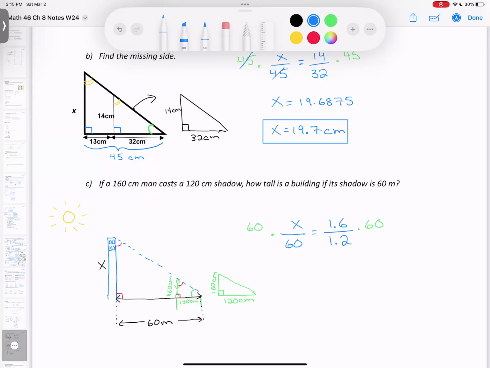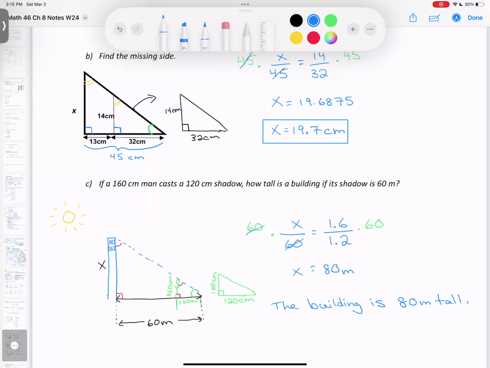If we multiply both sides by 60, X is 1.6 times 60 divided by 1.2, which equals 80. So the building is 80 meters tall.